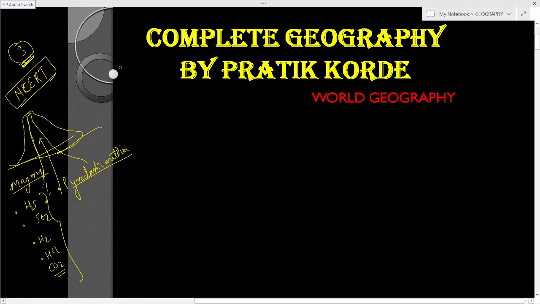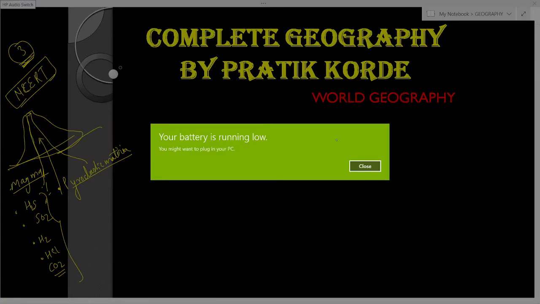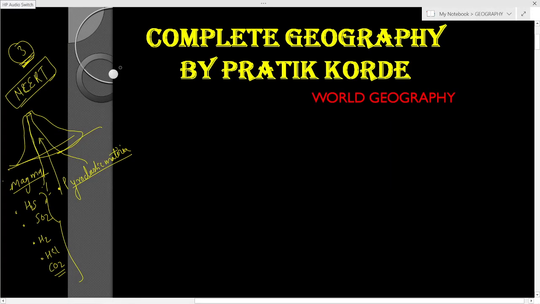Pyroclastic is basically the adjective used to denote rock fragments or ashes which are erupted from a volcano. So that was the pyroclastic material.